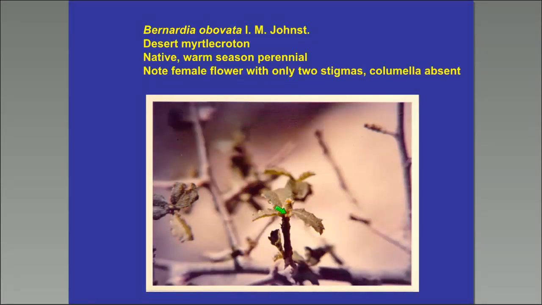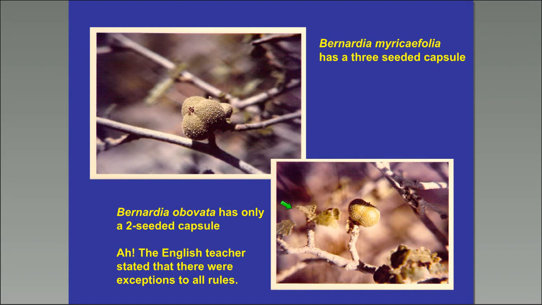This is the smaller flower of Bernardia obovata, and again it only has a 2-chambered capsule, so it does not have the staminodium or the columella inside. So here I'm showing you the 3-seeded capsule of Southwest Bernardia, and then the 2-seeded capsule of Bernardia obovata, our more desert adapted species.